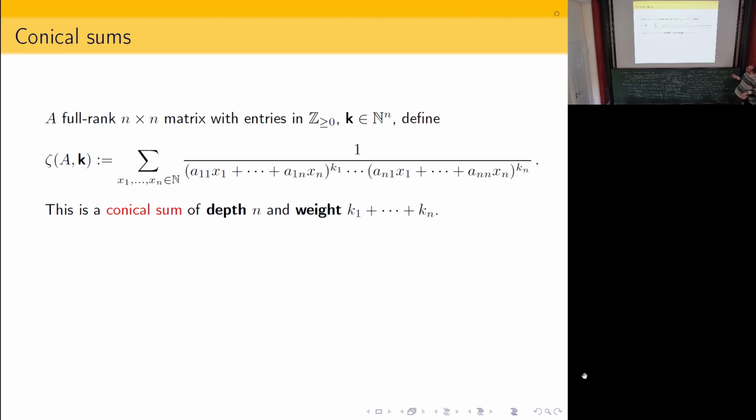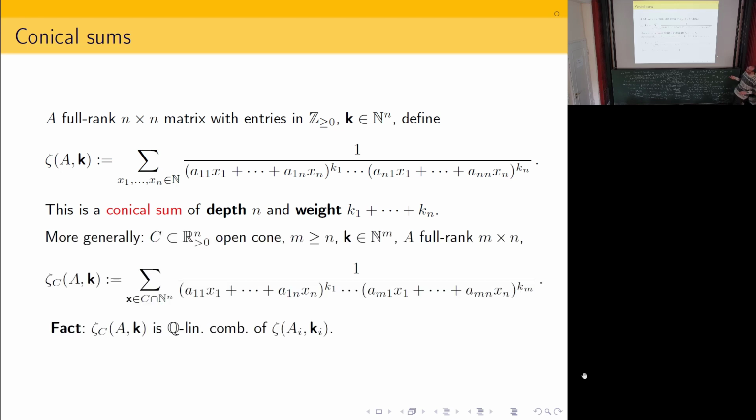But you can do things which are much more general. It's not even clear why I call this a conical sum. So one more general thing you could do is you take an open cone in the positive R^n, and some m which is in general bigger or equal than n. You consider a full rank m times n matrix, again with entries which are non-negative.